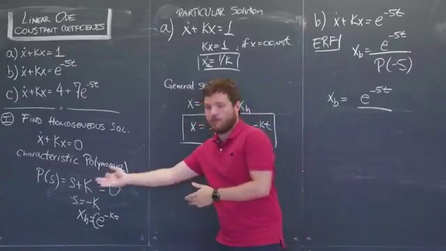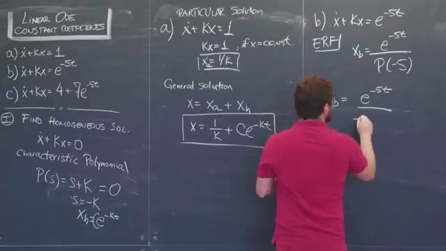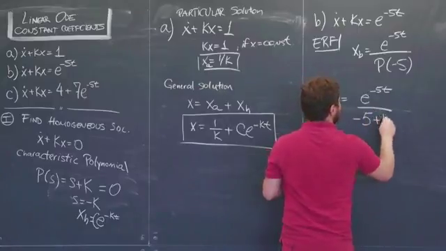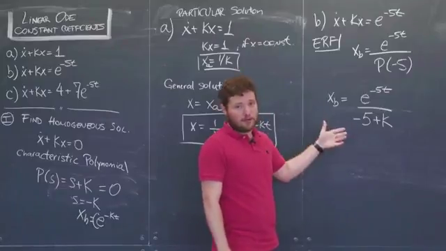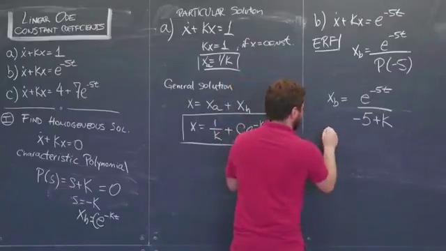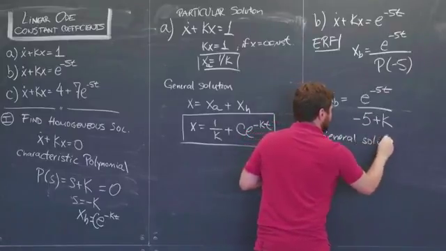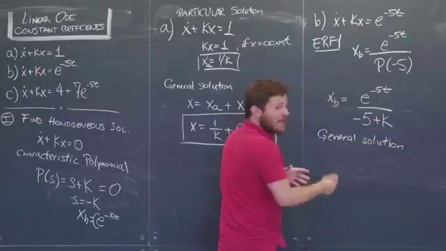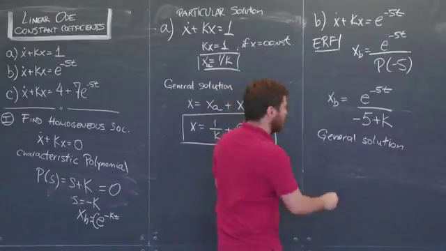So we have x sub b is equal to e to the minus 5t, and we refer back to the characteristic polynomial that we had before. So we plug in minus 5 for s. So we get minus 5 plus k. And this is a particular solution for part B. We can again write the general solution to part B by adding the particular solution and the homogeneous solution that we found before.